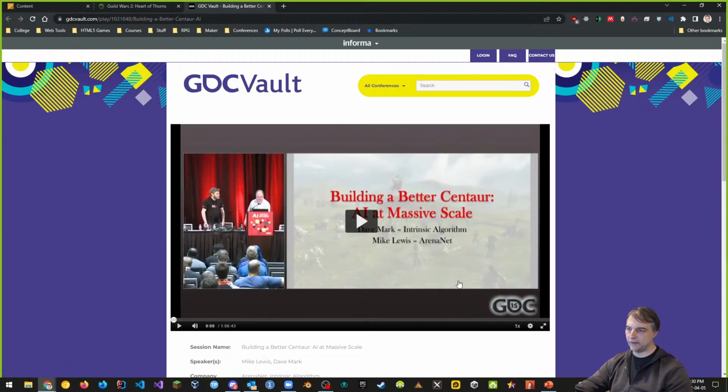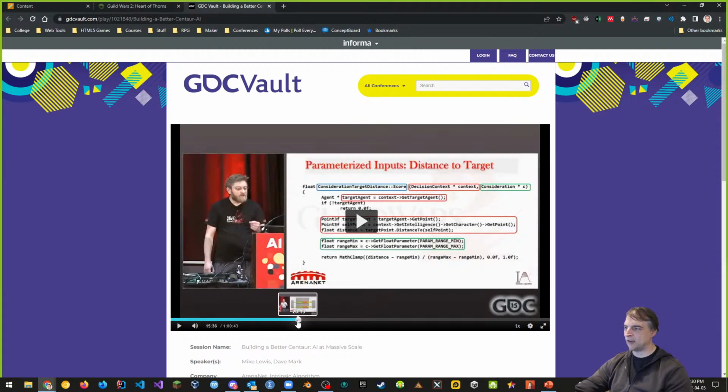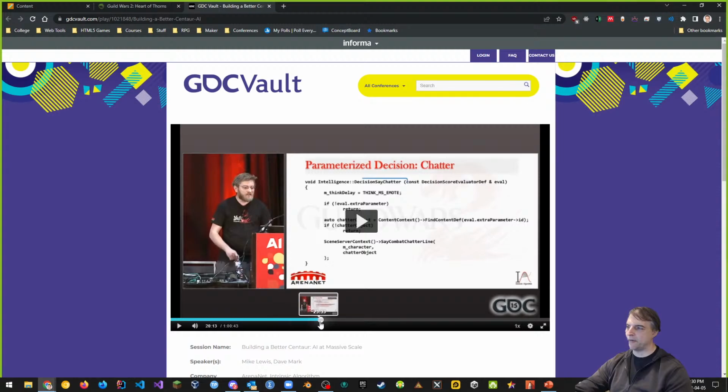I've linked it here on Blackboard. One guy, Dave Mark, talked about this intrinsic algorithm that he put together for building a better centaur in Guild Wars, as an example. And he talked about how to do it. Some of the stuff that I'm going to be talking about here comes right from his talk, right?